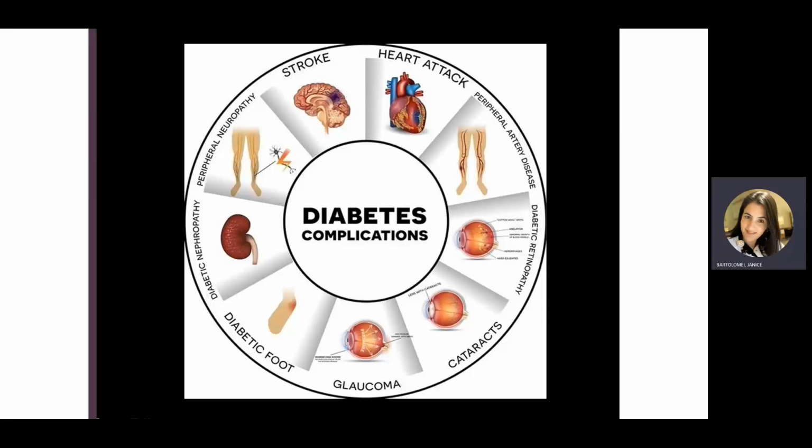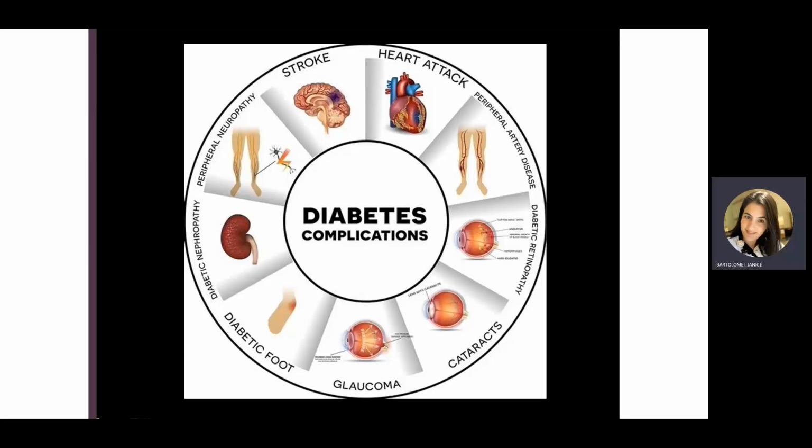You're going to have retinopathy, which can lead to blindness, nephropathy, which can lead to end-stage renal failure, and neuropathy, which can lead to amputations and wounds, etc. And then there's the cardiovascular disease umbrella, where you'll have stroke and heart attacks, as well as peripheral artery disease.